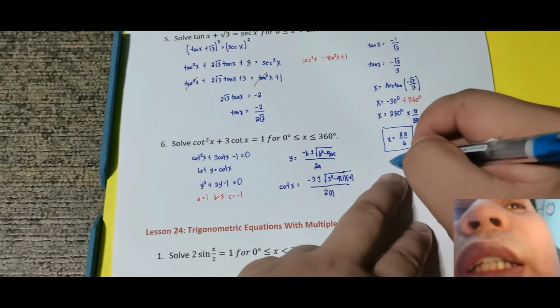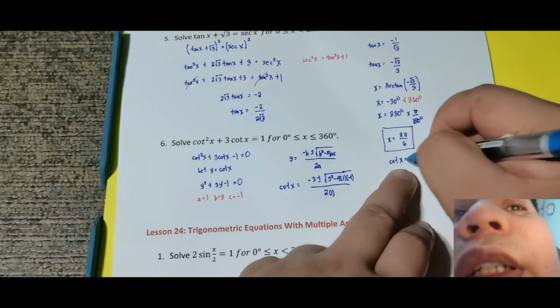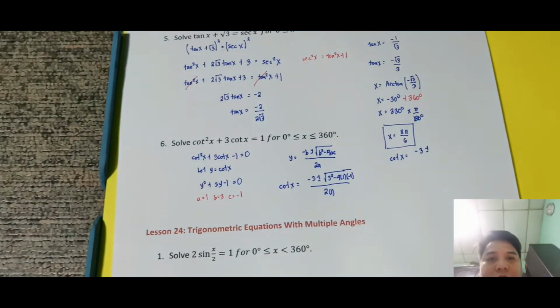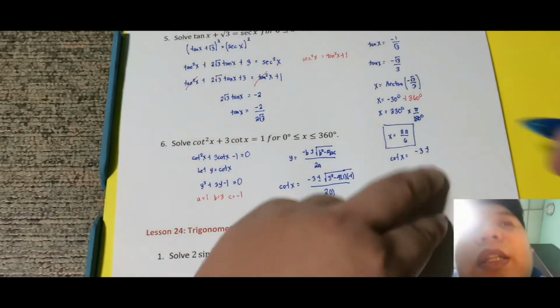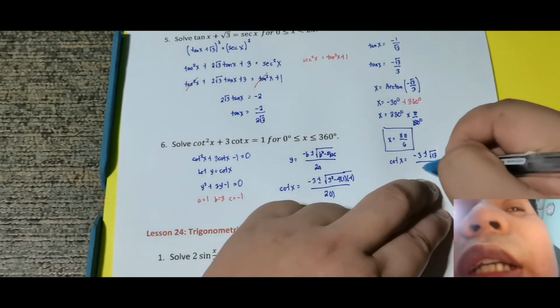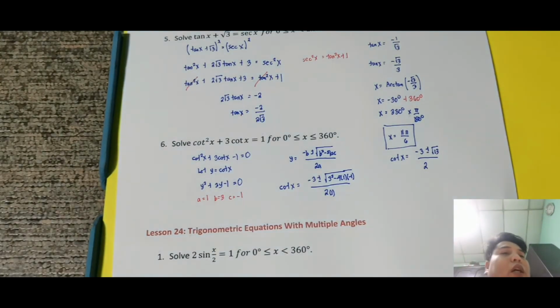Okay, and that is cotangent x is equal to negative 3, positive negative square root of 9 plus 4, so this is square root of 13, over 2. So dalawa yung sasagutan natin dyan.